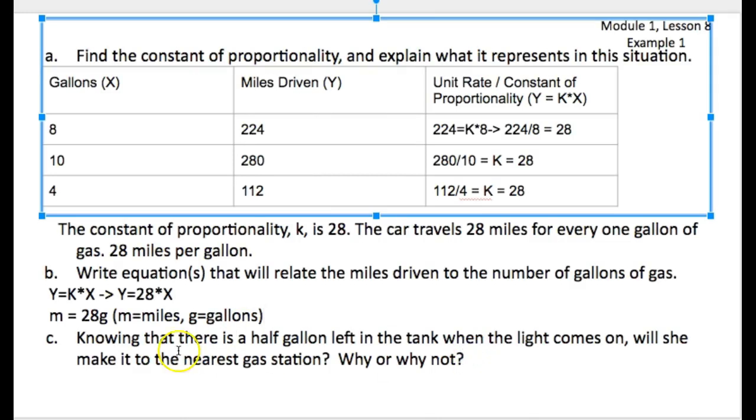So knowing that there's half a gallon left in the tank when the light comes on, will she make it to the nearest gas station? Why or why not?